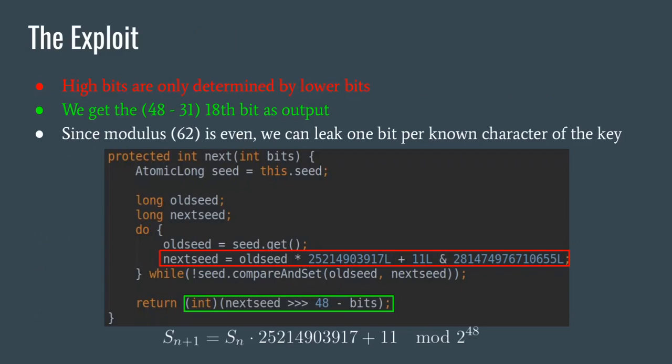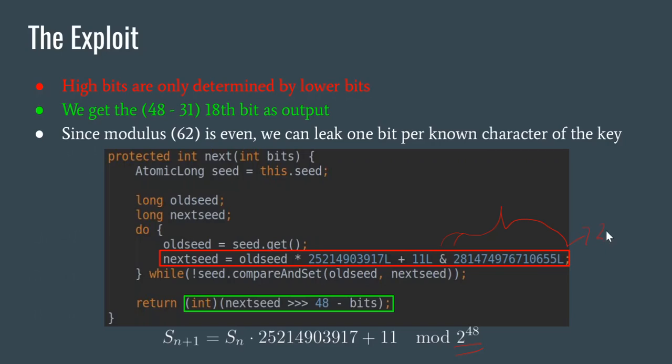Well, it's actually a special case of an LCG. As you can see here, it doesn't use the modulo operation, it uses a logical AND. That is because the LCG uses mod 2 to the power of 48. As a special case, it only uses the lowest 48 bits.